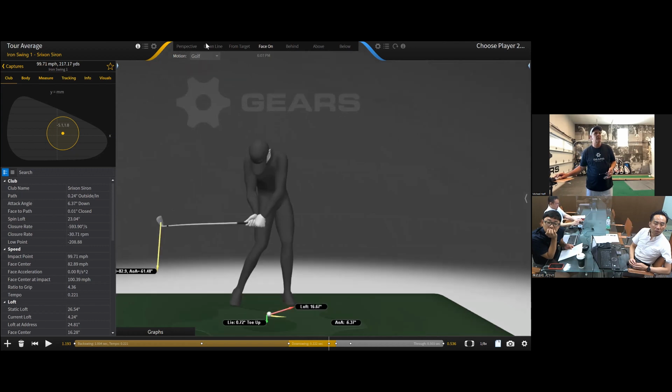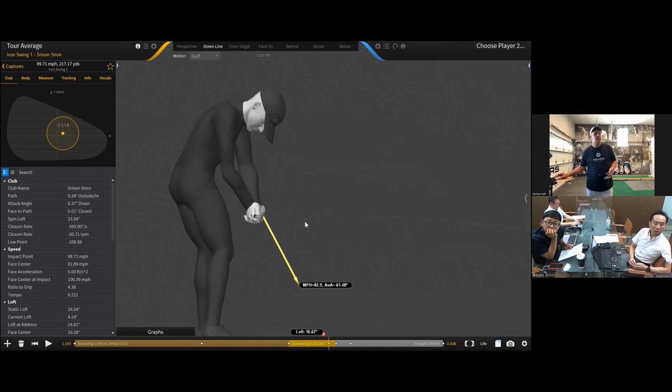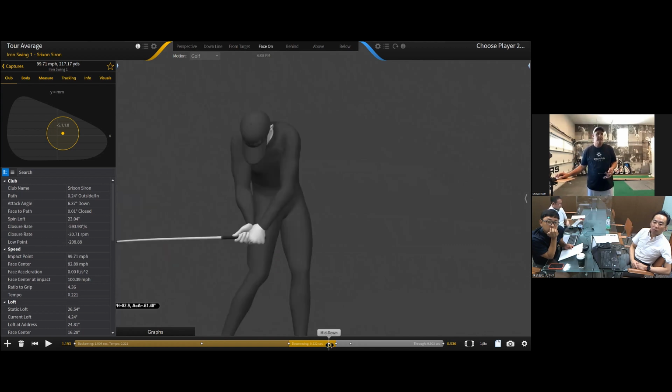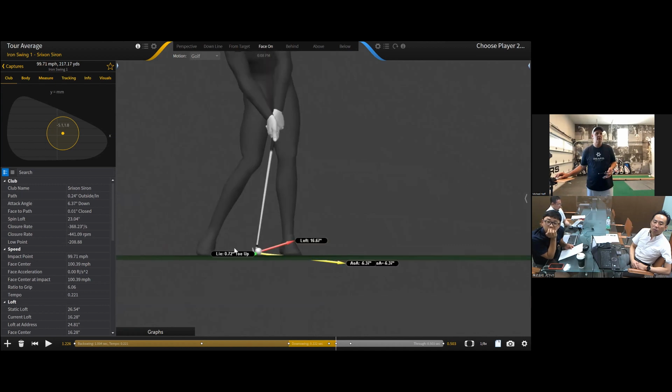So for example, here, the loft is going to be relative to itself, pretty similar to what it was at address. But in relation to the ground, it's very different. It's got a lot of loft in relation to the ground. So it's basically the loft in relation to itself.